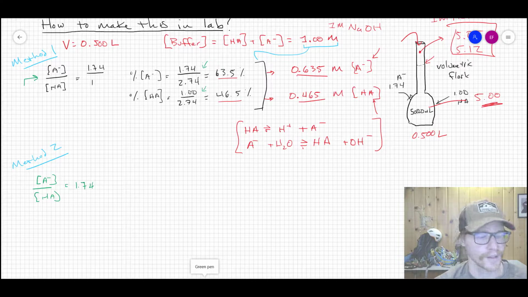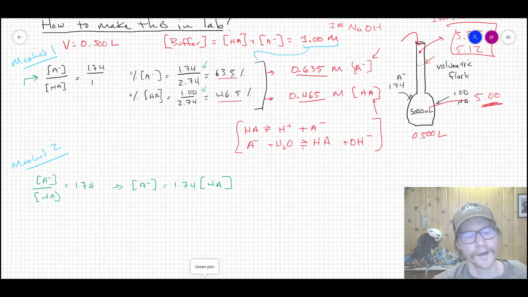So what we have is essentially x over y equals 1.74. Right? That's the expression, really. And so I can solve for one of those in terms of the other just by simply multiplying the 1.74 by HA. And so what that gives me is A minus is equal to 1.74 times HA. I just multiplied both sides by HA.